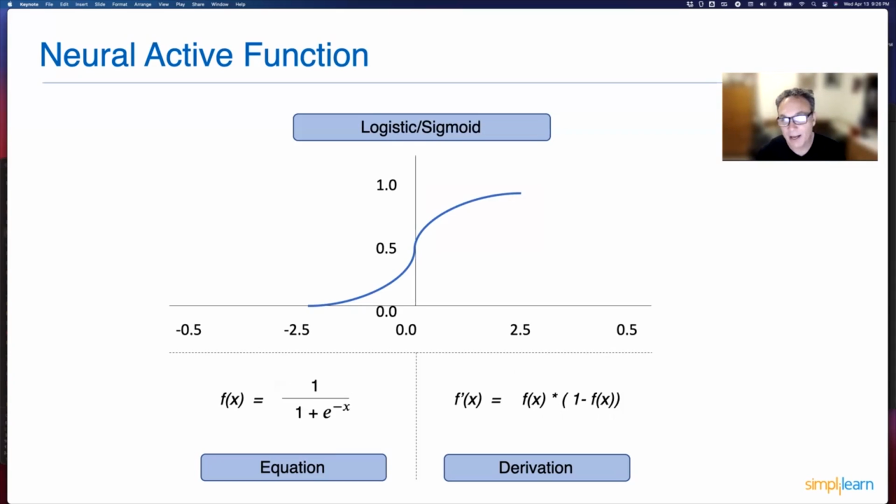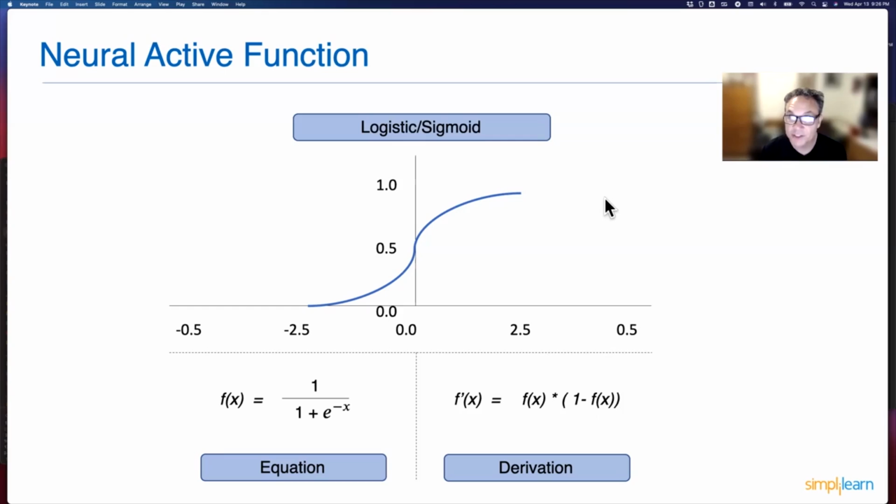All right, so another activation function is this logistic / sigmoid, which I showed you before: 1 over 1 plus e to the minus x. And that's what it ends up looking like. Your input being negative gives you a small output. And the bigger your input is, the closer to 1 it gets.